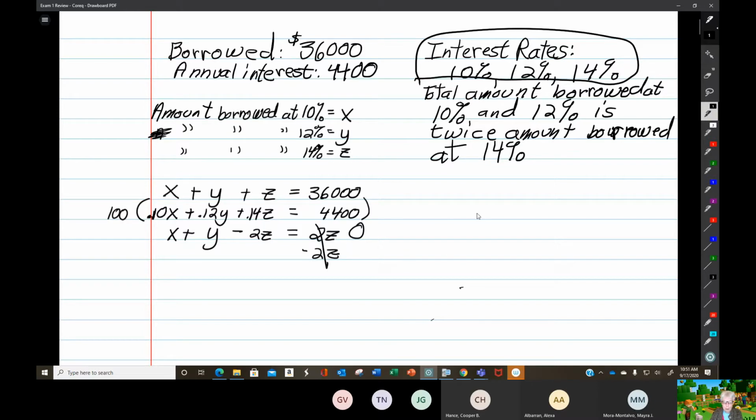Okay, so our system then is going to be, let's do this first. We're going to have 10x plus 12y plus 14z equals 100 times 4,400. That will be 4,400 with 2 more zeros on it.